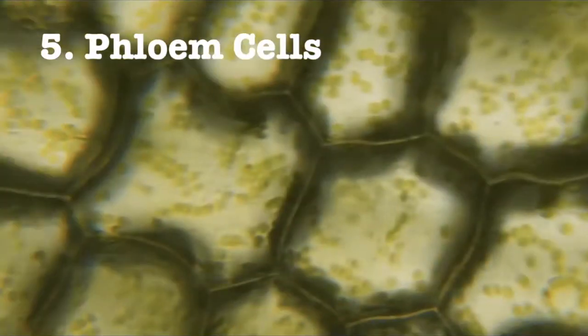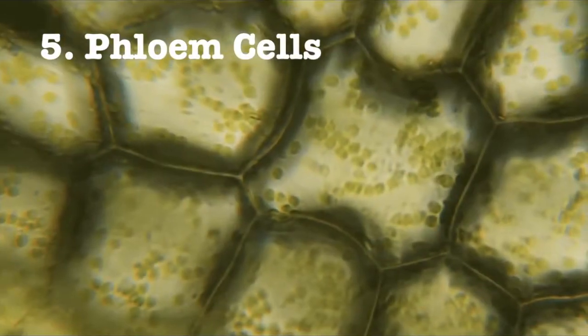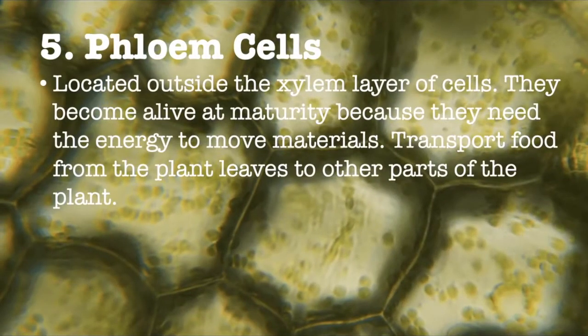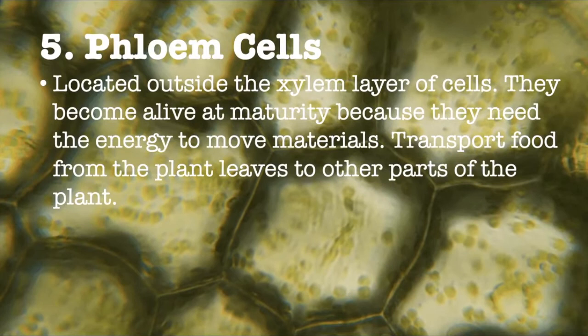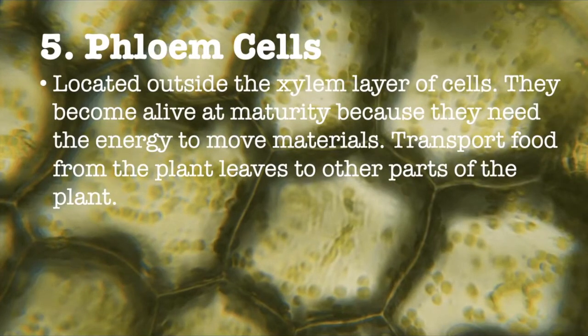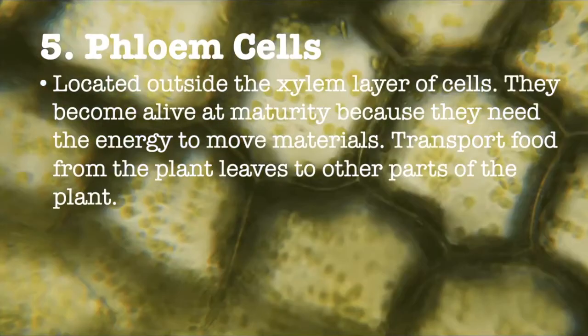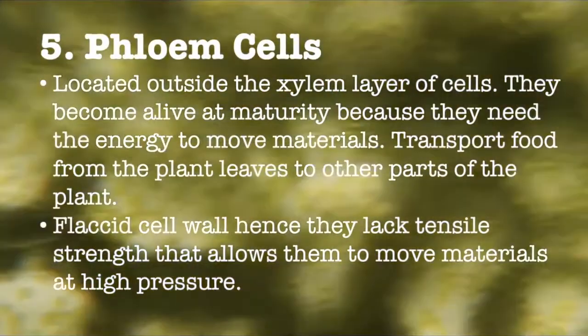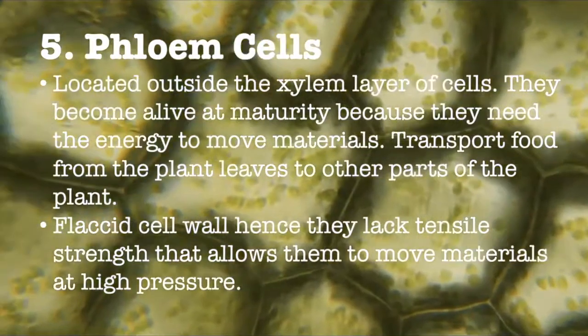Phloem cells are located outside the xylem layer of the cells. They become alive at maturity because they need the energy to move materials. They function to transport food from the plant leaves to other parts of the plant.